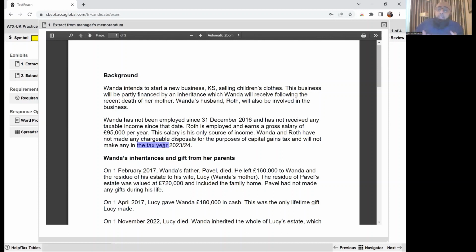So we are given some basic information that Venda and Roth are husband and wife. Venda has not been employed since 2016. She's planning to start a new business, KS. Okay. Her husband, Roth, is employed. He earns 95,000 per year. So this is some information.